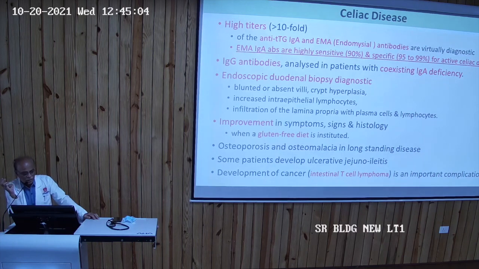Also another good antibody test is EMA, that is endomysial antibodies. They are virtually diagnostic of this and is quite specific, 95% for active celiac disease. And duodenal biopsy is diagnostic, and improvement of symptoms after gluten-free diet. So this is diagnostic and therapeutic as well.